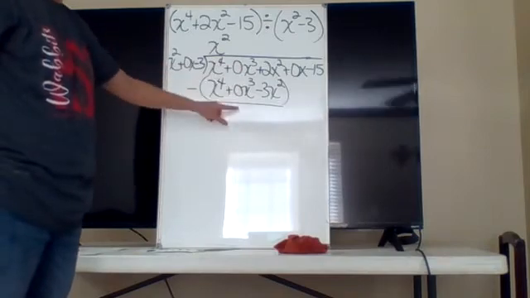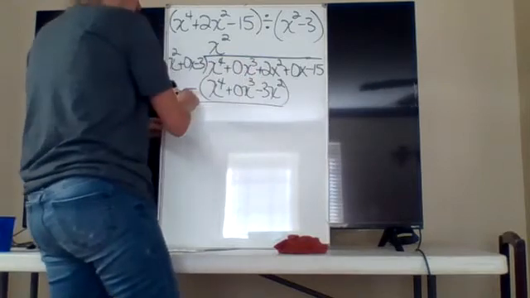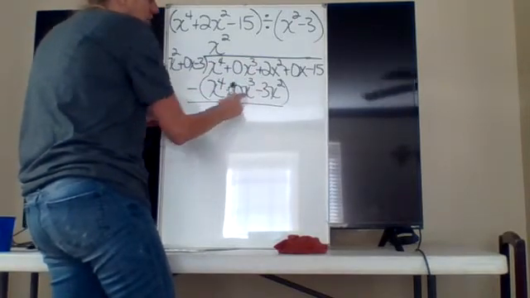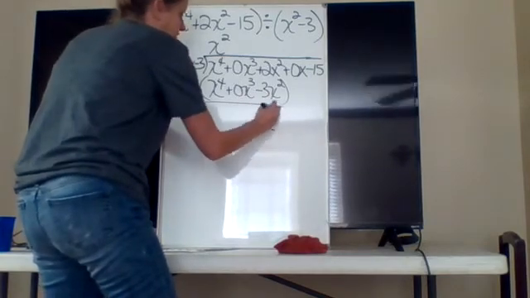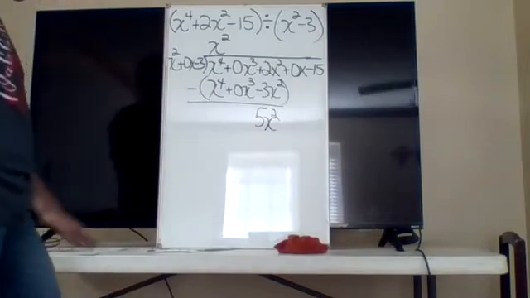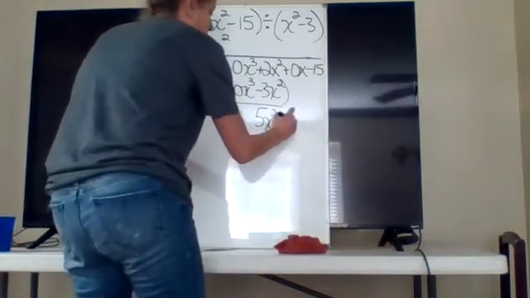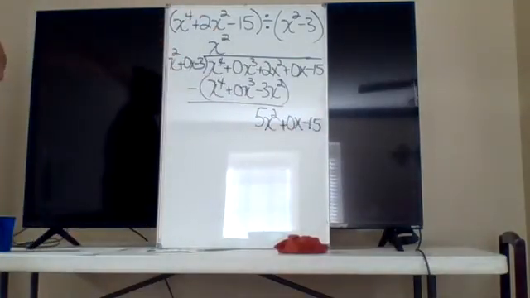My 0x to the thirds cancel. So I'm all the way down to here. So I've got this 2x squared. This minus turns this into plus 3x squared, right? So that's going to give me 5x squared. And then I can go ahead, since this is a 0, I can go ahead and drop all of this down. Plus 0x minus 15.